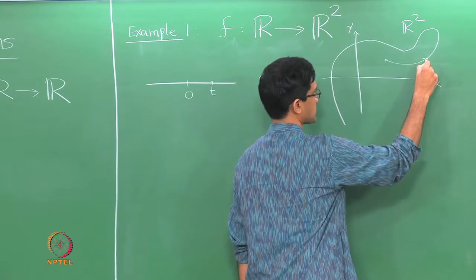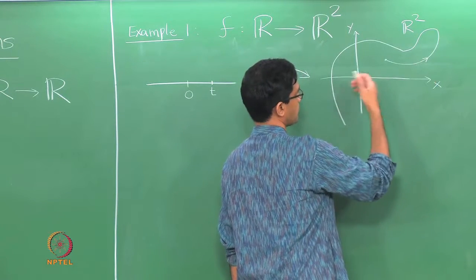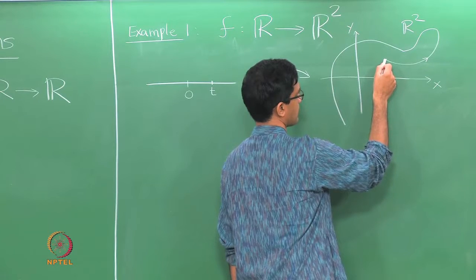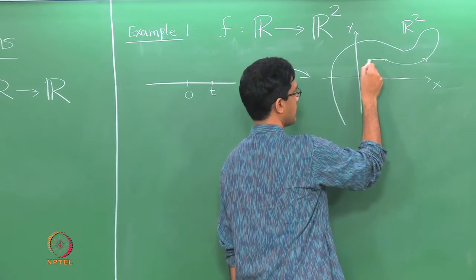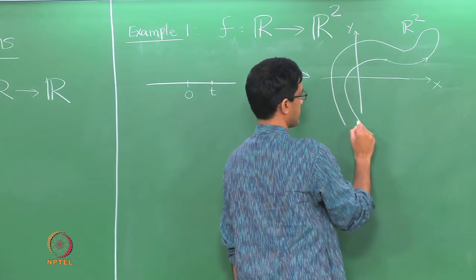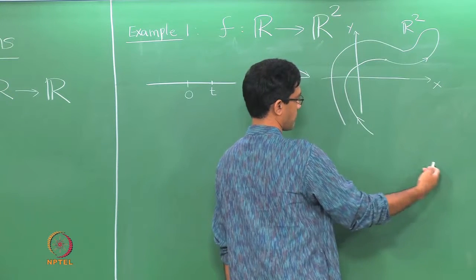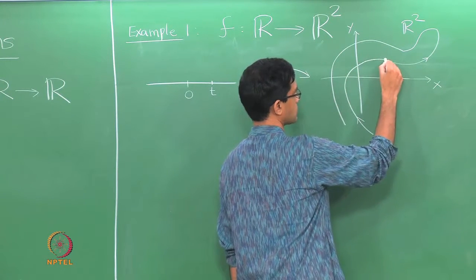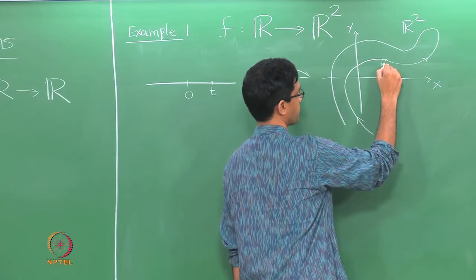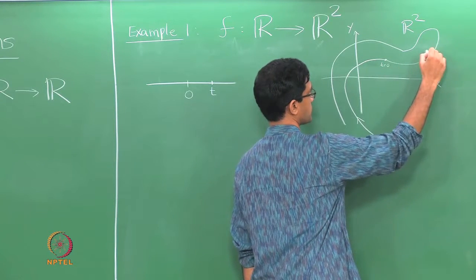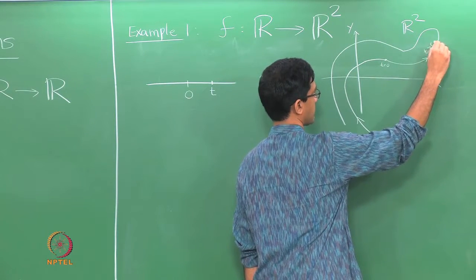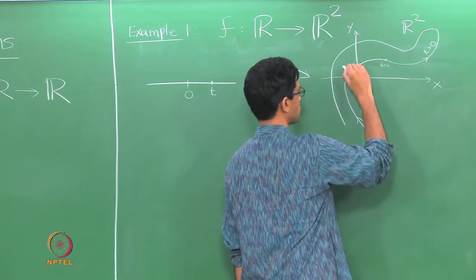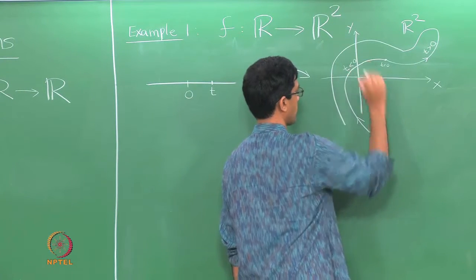This is what happens as time increases. But of course here we also have t negative. T can also go all the way to -infinity. So maybe it traces out some curve like that when time goes from -infinity to 0. So this is the position at time t equal to 0. These are the positions it traces out when the time is positive, and these are the positions where the particle was when time t is negative.